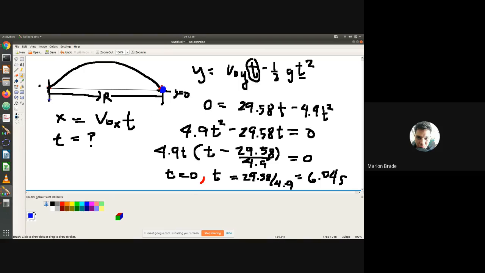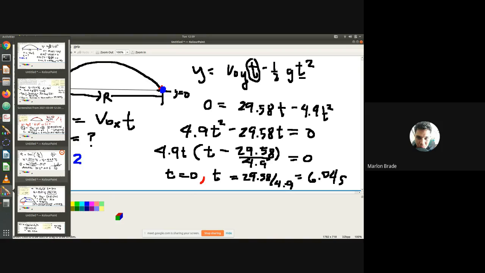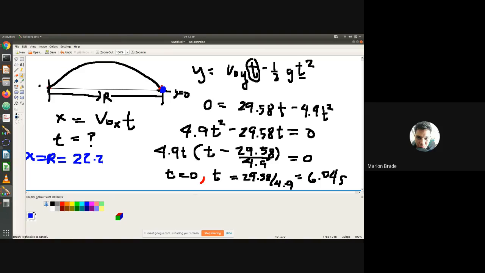The question is, how long is this R? So R is equal to x, and this is equal to v naught x, which is 22.21. And the time when it reaches the ground is 6.04.